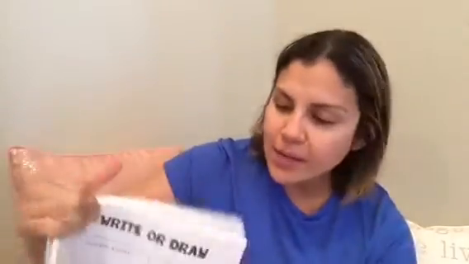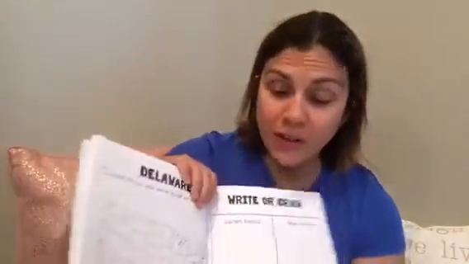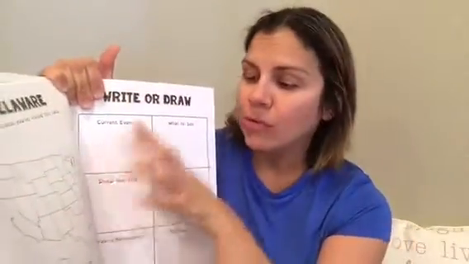So we're going to start with Delaware. Now we know where Delaware is on the map, and we're going to fill out on our map where Delaware is. We'll probably do that the first day when we start reading our information in our atlas. So we'll start working on our map and color it.